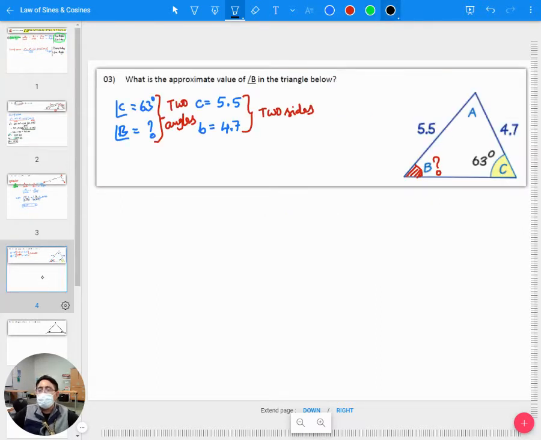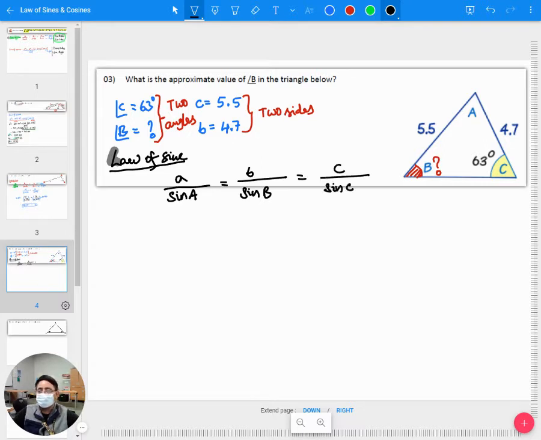I have to make use of law of sines. So law of sines means a over sine A equals b over sine B equals c over sine C. Now let's plug in these values.